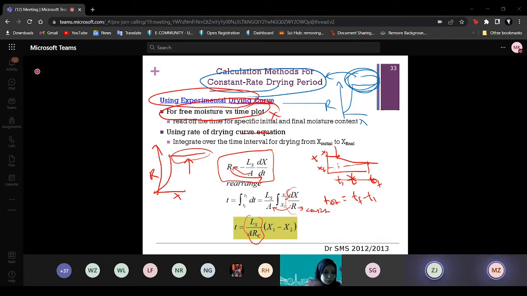From x1, let's say this is your x1 until x2, wherever x2, as long as it's still at the constant rate period. And the x2, the maximum is going to be xc. It cannot exceed xc, because when you pass xc, it's already at falling rate. Falling rate uses another equation. Okay, you have to remember this. So this x2, the maximum it can go is until xc. Okay, the turning point, the critical point.